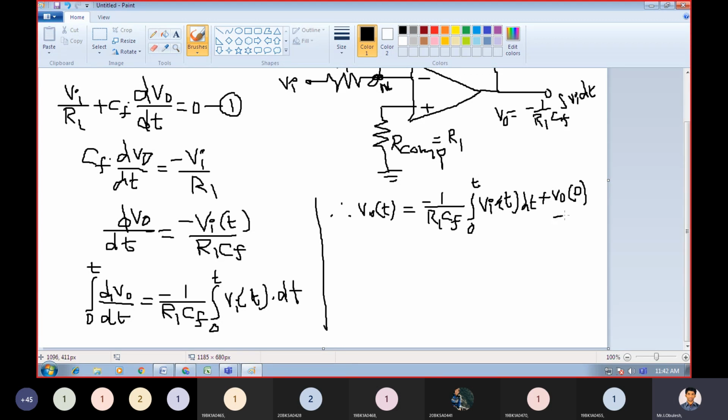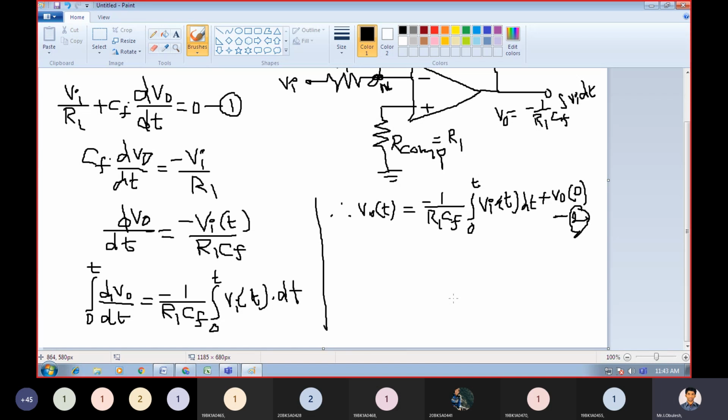This is equation number 2. In equation number 2, V0 of 0 is the initial output voltage.